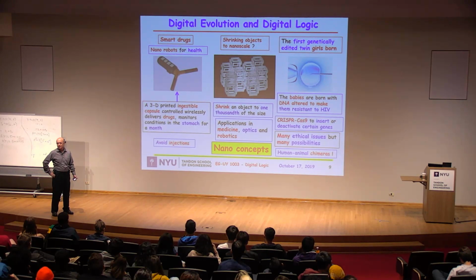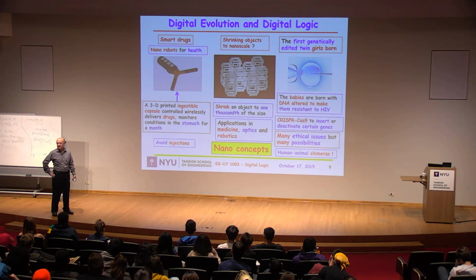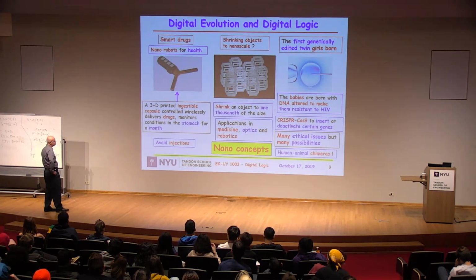Eventually it will be 40%, it will be 50%, and then we will have hybrids. Everybody, human-animal hybrids. So please think about this thing. There are many ethical issues there.